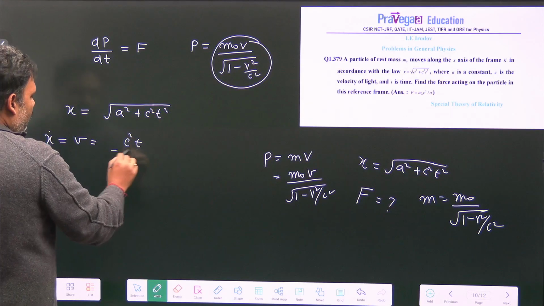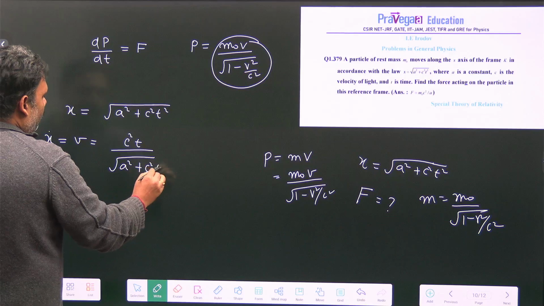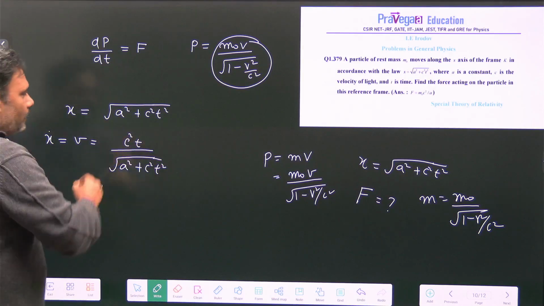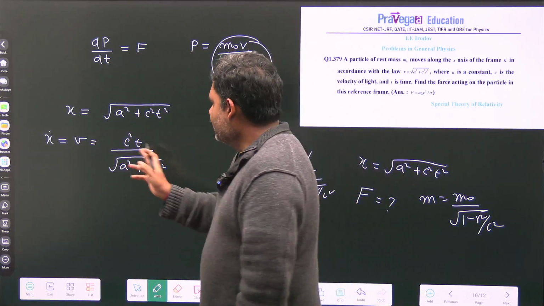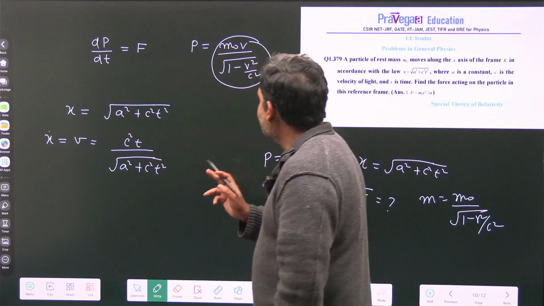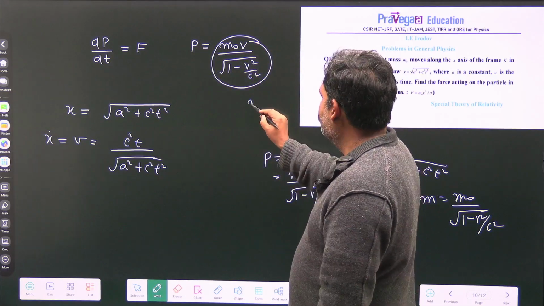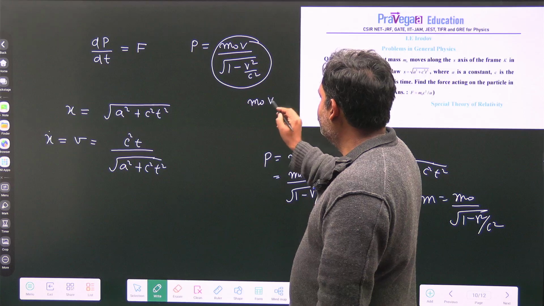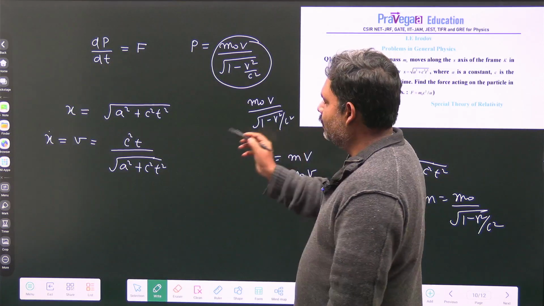So that value will be c square t upon root under a square plus c square t square. Once we get this one, we have to be very careful, because we have to find this value actually: m naught v upon root under 1 minus v square upon c square.